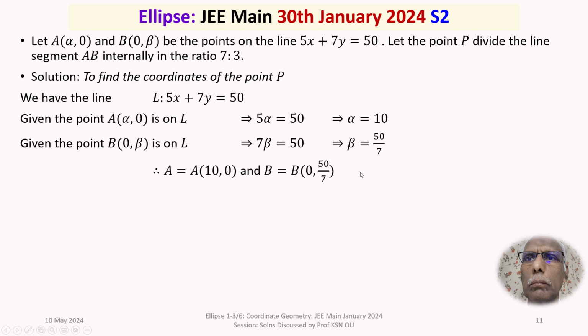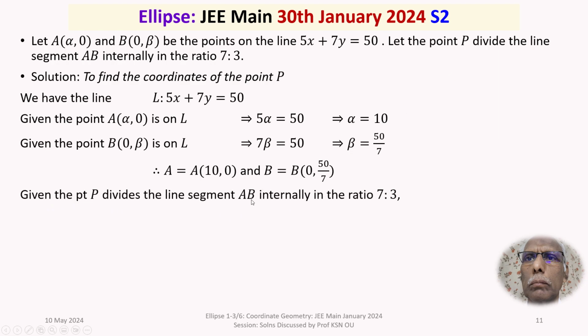Agreed. And it is given the point capital P divides the line segment AB internally in the ratio 7:3. So, section formula you use and find the coordinates of P. The coordinates of P are given by (7 into 0 plus 3 into 10) by (7 plus 3), comma, (7 into 50 by 7 plus 3 into 0) whole by (7 plus 3).